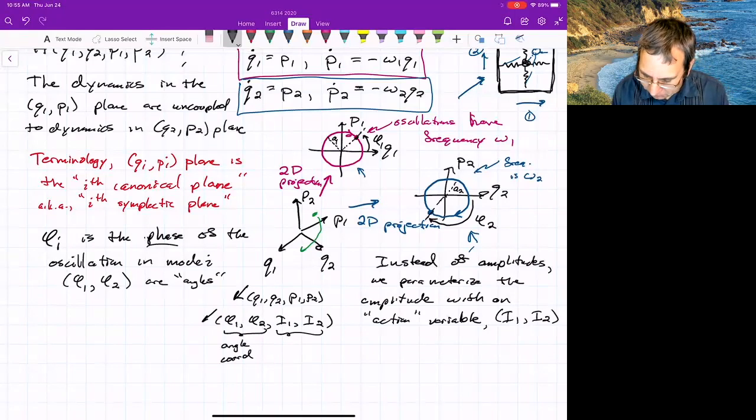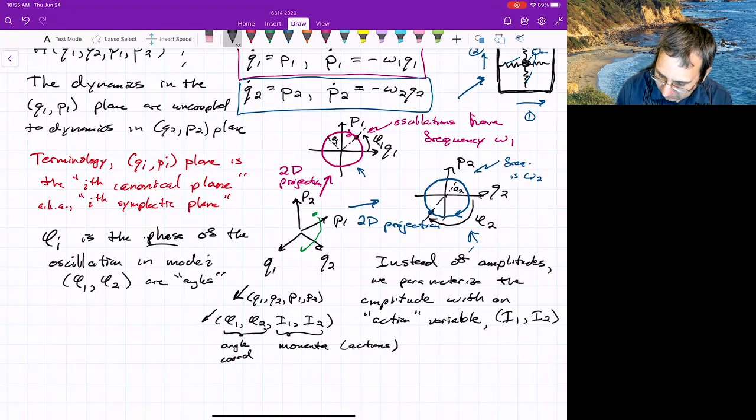And here's the key thing: the angles are like our new Q's, and the corresponding momenta are not the amplitudes of the phase; they're these other things called the actions. So these are the momenta, or actions. They're called actions when they are momenta corresponding to angles.